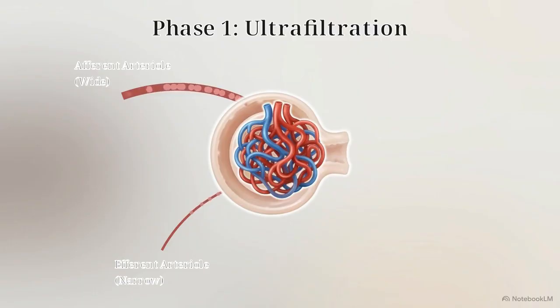Because the exiting efferent arteriole is much narrower, a bottleneck forms. This generates extreme hydrostatic pressure inside the glomerulus. This pressure physically forces plasma through microscopic filtration slits. The liquid that fills Bowman's capsule is called glomerular filtrate.